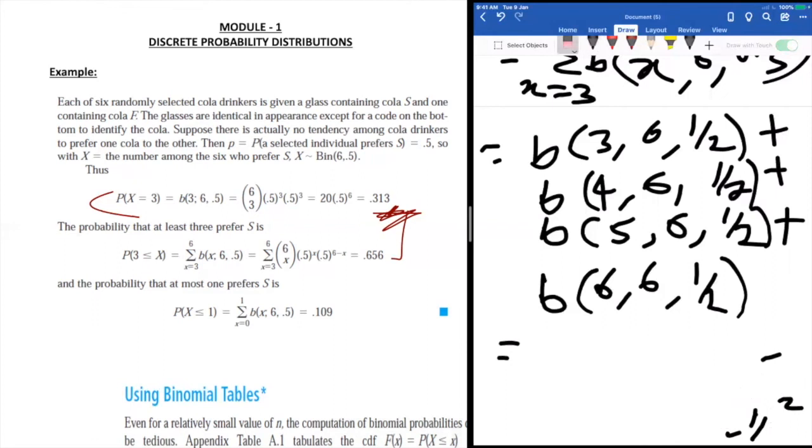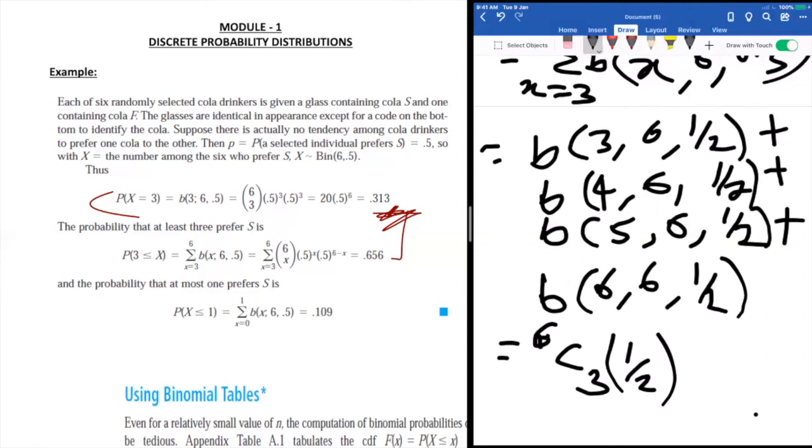Now, the sum of all probabilities is equal to 6C3 1 by 2 whole raised to 3, times q, which is 1 by 2, raised to n minus x, that is 6 minus 3, again 3.